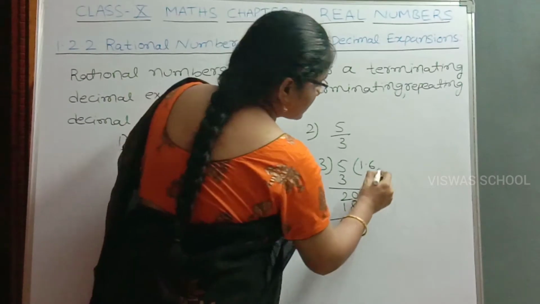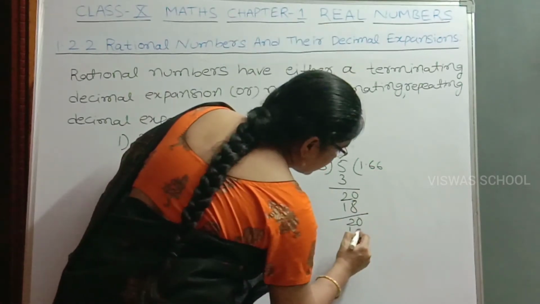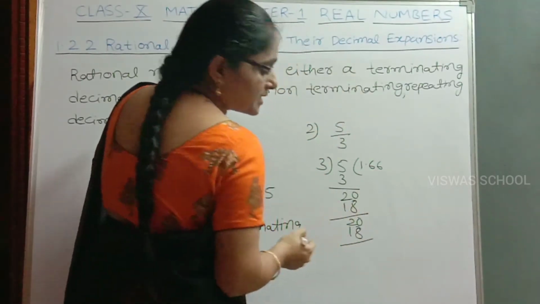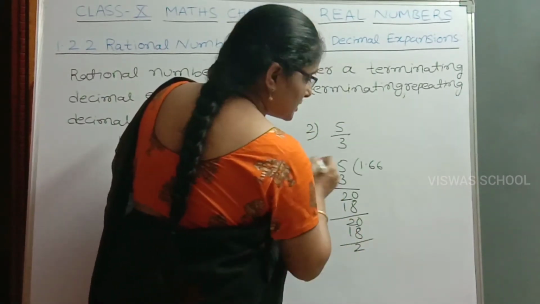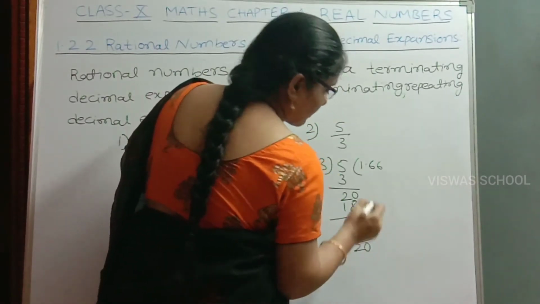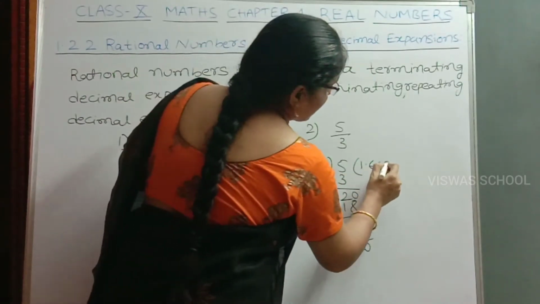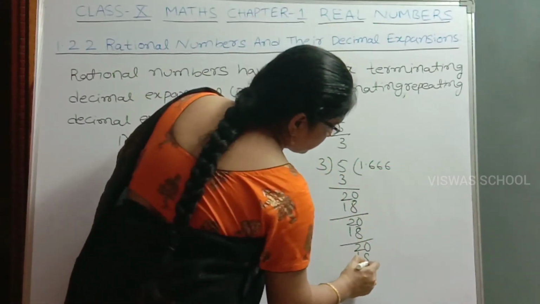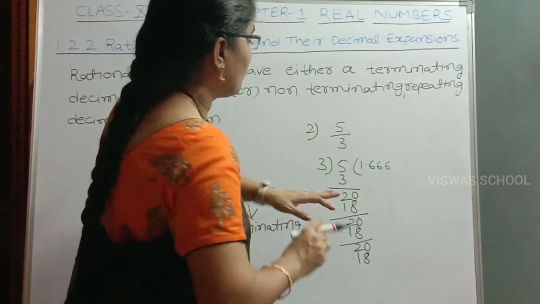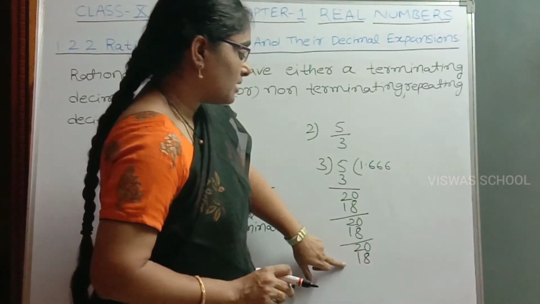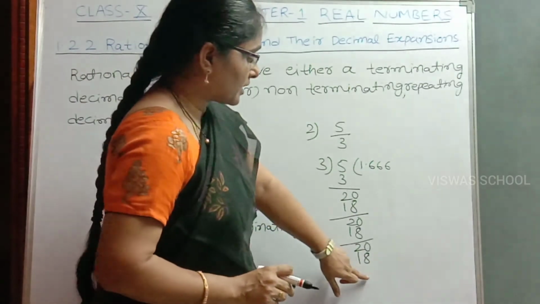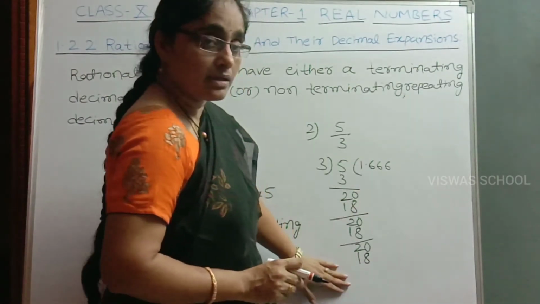Again 0, that is 3 6s are 18. Again 20 minus 18 equals 2. Here again 2 is not divisible by 3. Here I am taking 20. Again 3 6s are 18. Once you observe this, here 20 is repeating. Again the difference is 2. Again that is 20. Again 3 6s are 18.